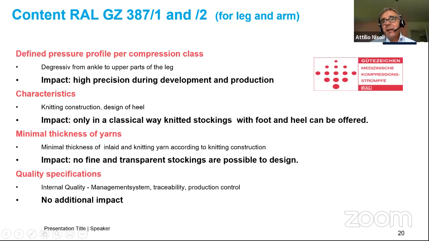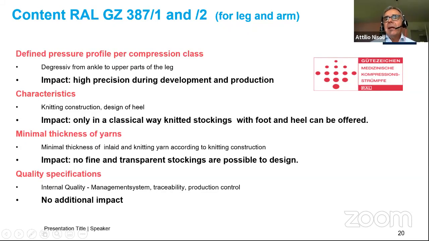How can I say, all the ladies especially, they would like to have the stockings as thin as possible. They would like to have fashionable sheer compression garments, good looking garments. We try to do our best, but of course we sometimes stretch the limits to the end, because there is a limit in terms of thickness of the yarn.